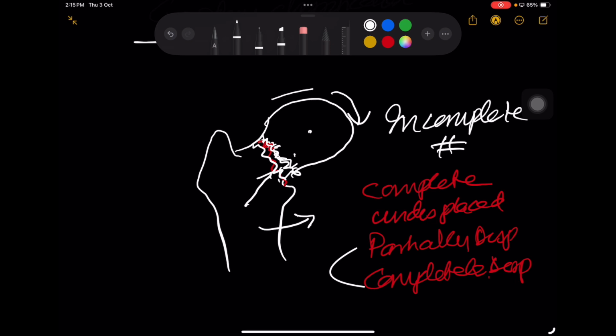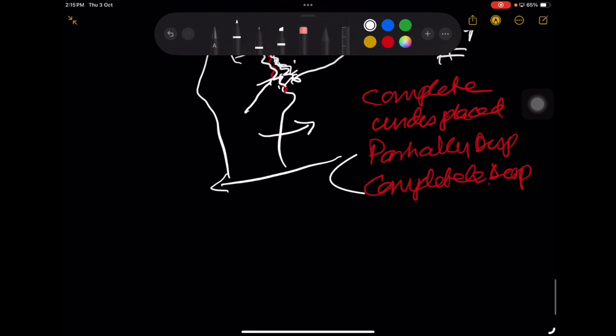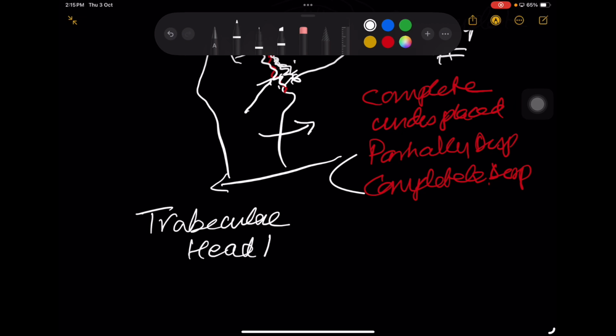And therefore, the trabecular pattern of the head and the trabecular pattern of the acetabulum will not match, because the head is rotated in the acetabulum. So partially displaced fracture means that trabeculae of head and acetabulum are not aligned.